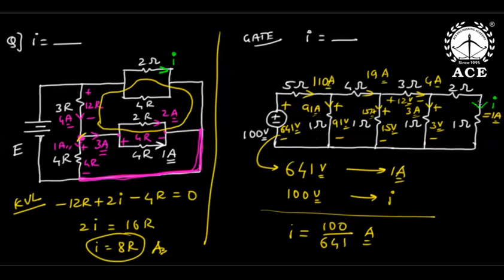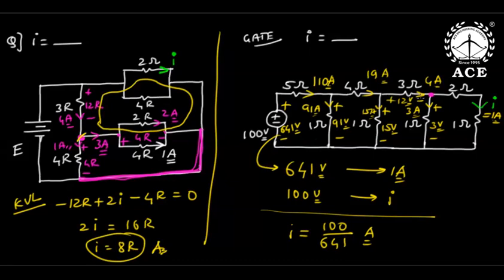See, start from the right side. Actually I should find the current, but I started by taking I as 1 ampere. When 1 ampere goes through this 2 and 1, a total of 3 volts drop will come. The 3 volts will also appear across this 1 ohm because this and this system is parallel. Now 3 by 1 is 3 amperes. Now KCL at this junction: this is 1, this is 3, total 4. Again 4 threes are 12 volts.